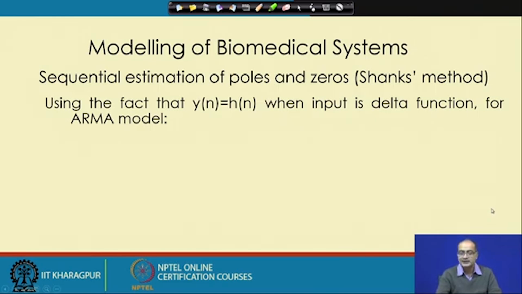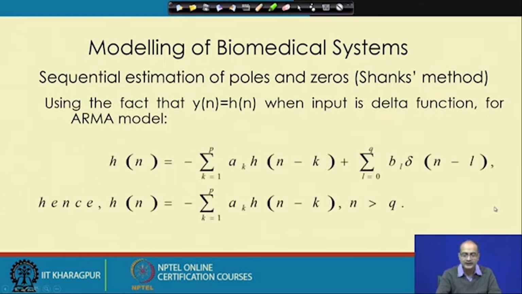So, if the input is delta, then the output Y has to be Hn, the impulse response of the filter. The equation of the ARMA model we can write in this way, with Hn in place of Yn.